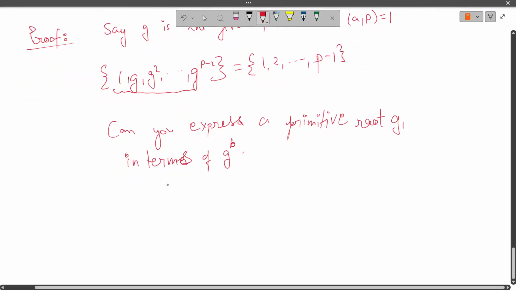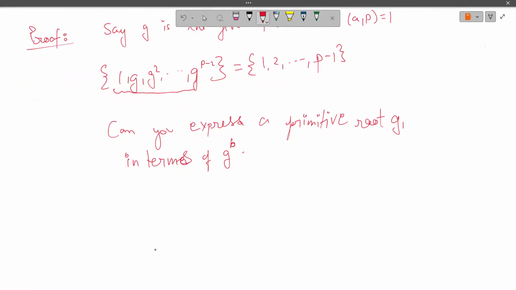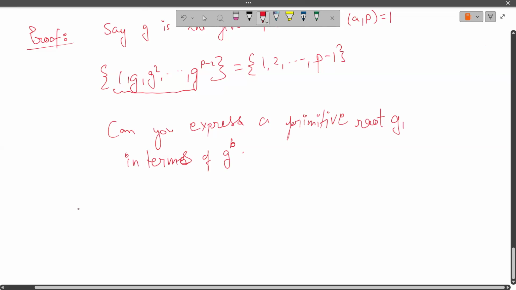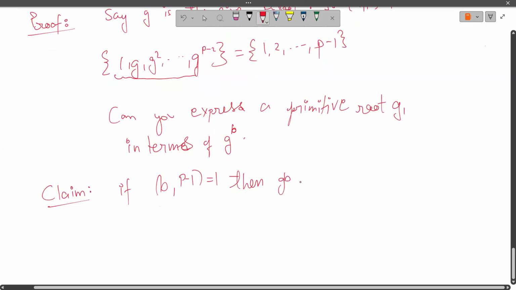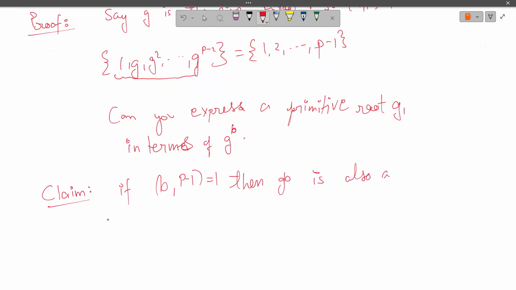By the way, here we just take b to be coprime to p minus 1, right? Yes, that works precisely. Okay, so claim: if gcd of b and p minus 1 is 1, then g to the b is also a primitive root.